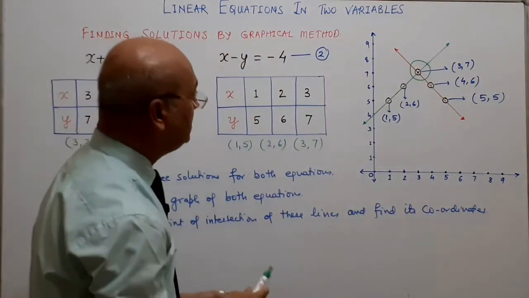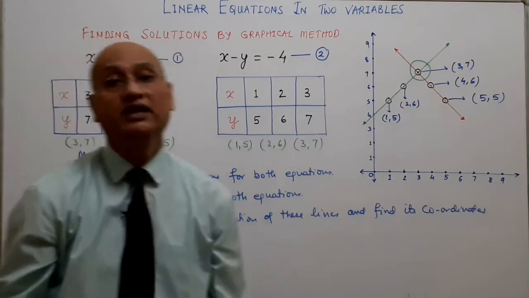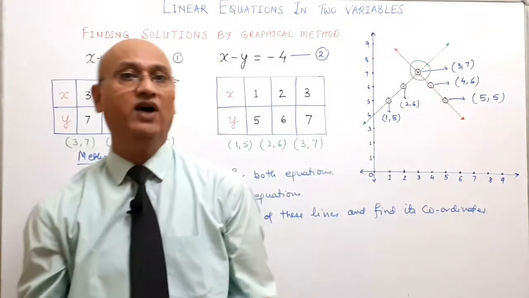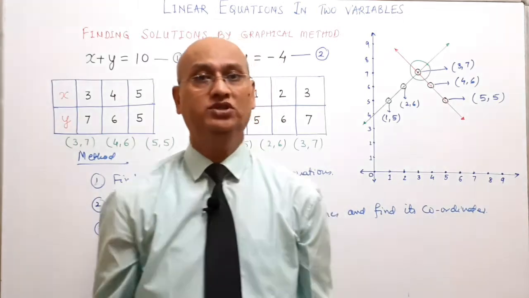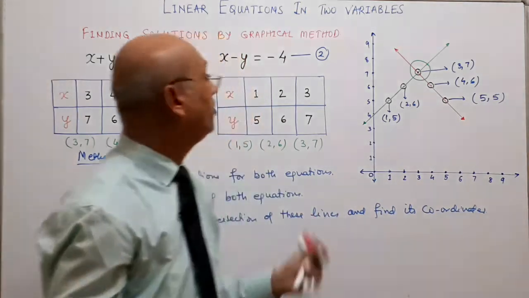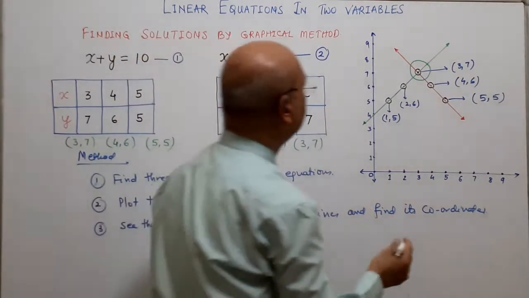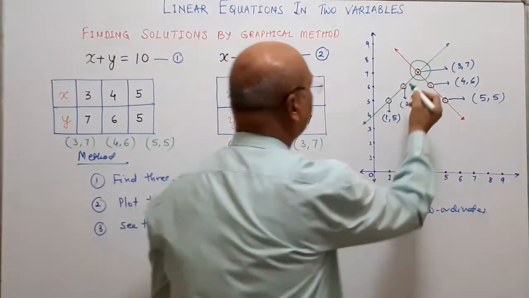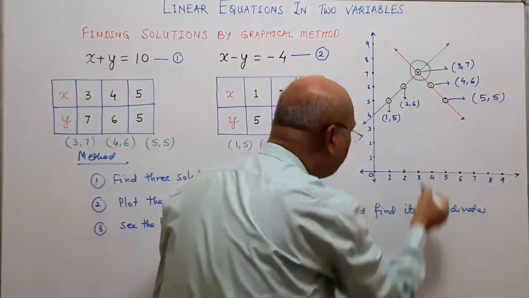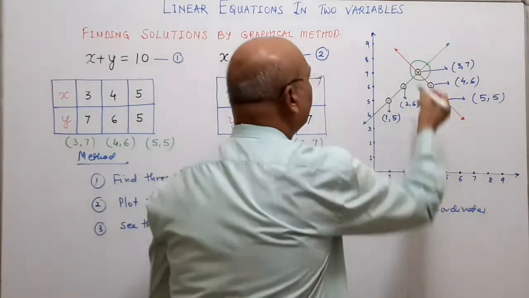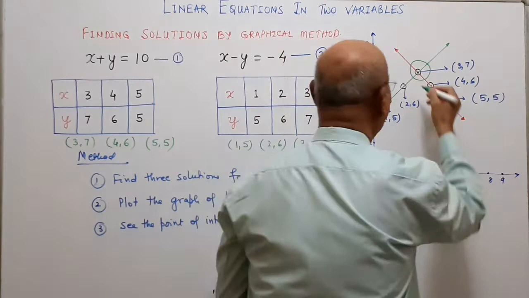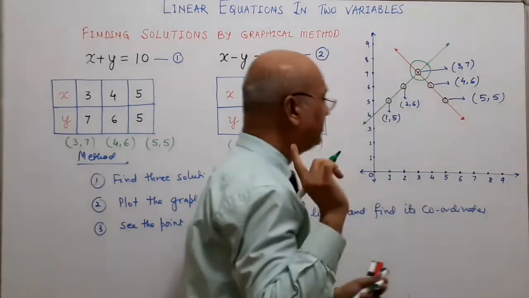Now after seeing this, you can get the values of x and y, which will be the common solution to both the equations. How are you going to get it? From the point of intersection, you have to draw a perpendicular. From this point of intersection, I am going to draw a perpendicular. You have to draw with the scale.